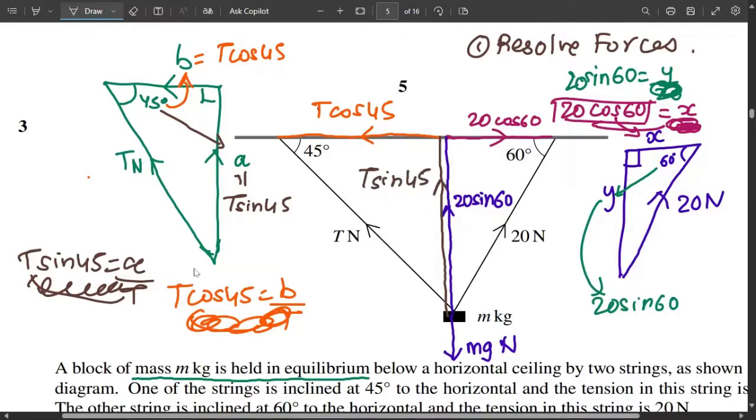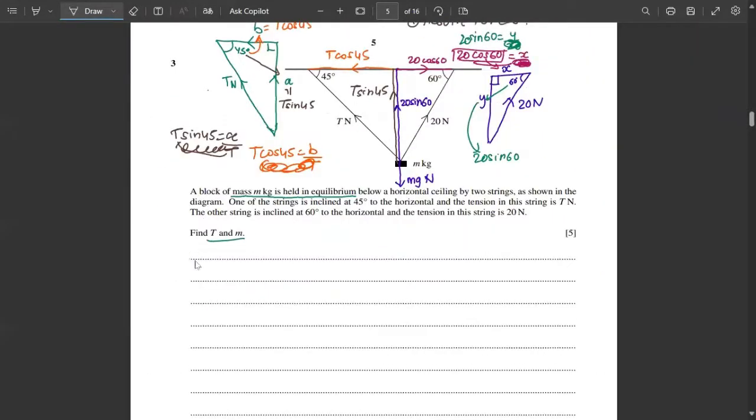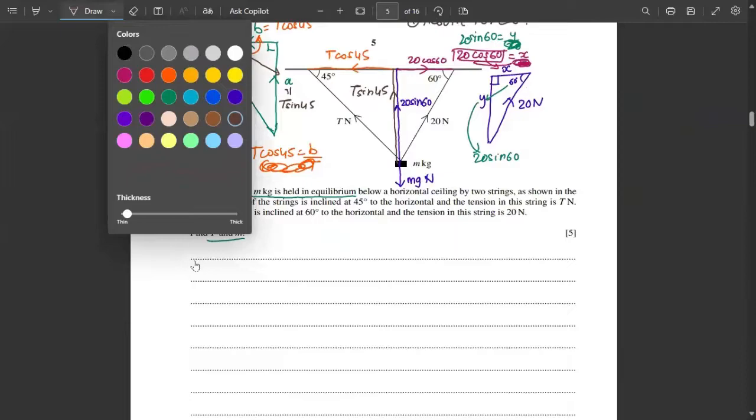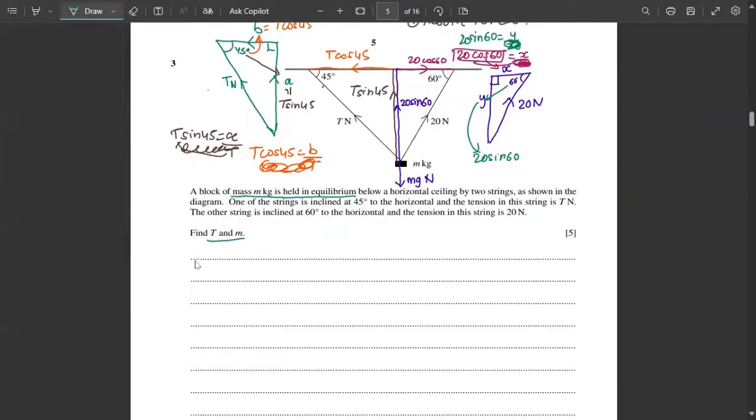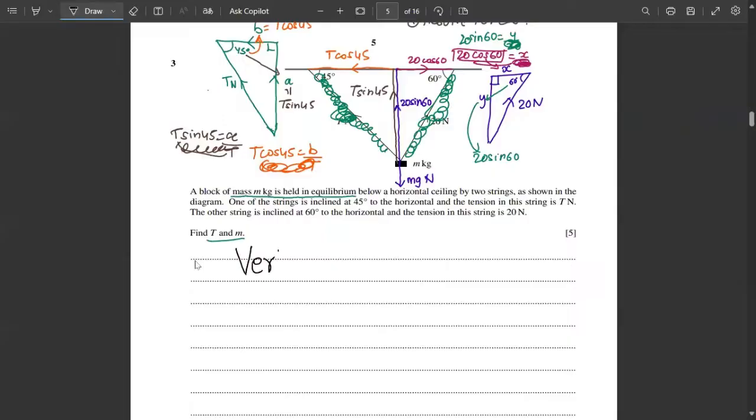Okay, now that we are done, let me zoom out a little bit and let us now consider all of the resolved forces. This T Newton does not matter to us because we have resolved it into two components. Even this 20 Newton does not affect us. Let us differentiate vertical forces from horizontal forces.